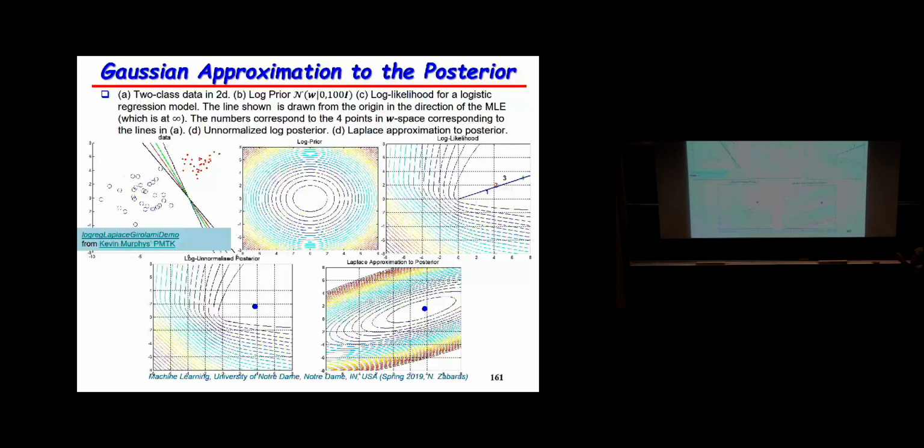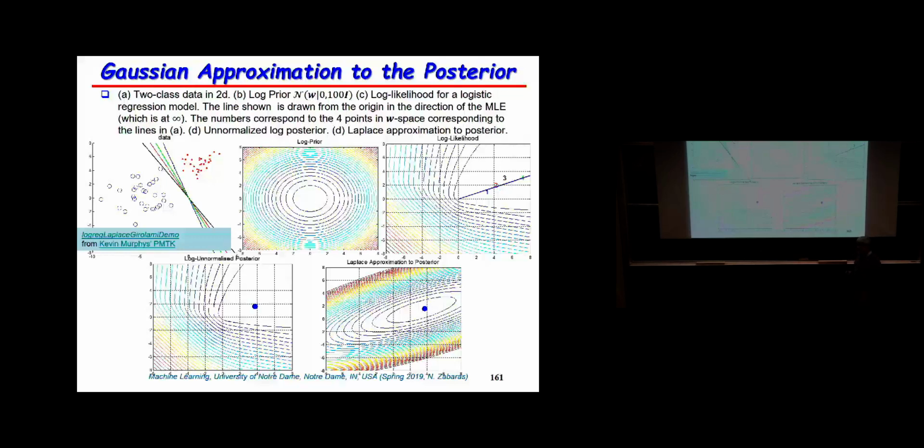This is basically the same plot that we have seen before. This is now the contours of the posterior. I want you to assume that that's the MAP estimate there, that big dot. And these nice ellipses are the contours of a Gaussian. So this is nothing else but the Laplace approximation to the posterior. And you may say, really, you're pushing it, this doesn't look like a Gaussian.